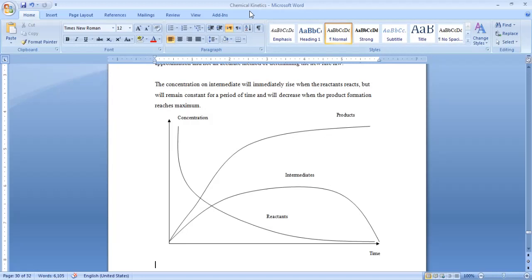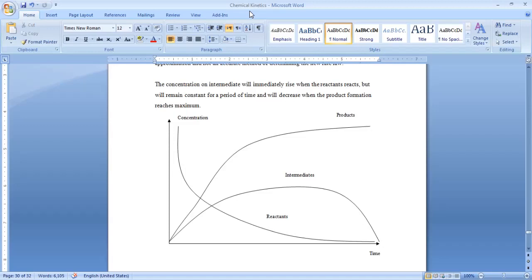Okay, now the SSA, the steady state approximation, can only be used when the intermediate concentration is constant. When the intermediate concentration is constant, then the SSA method is applicable. When the intermediate concentration is rising, the SSA is not applicable. When the intermediate concentration is falling down to zero, then that method is no longer applicable.